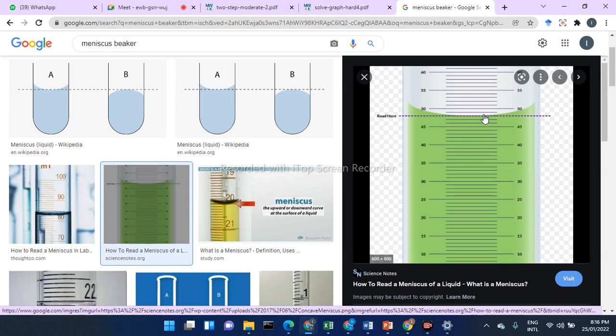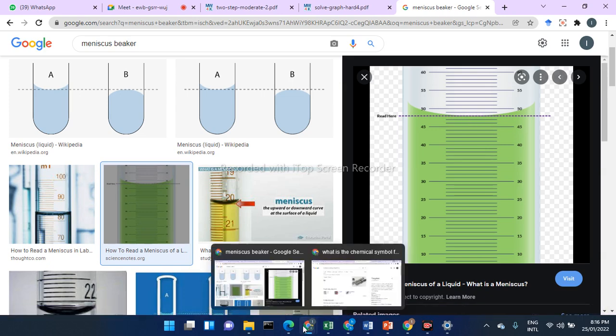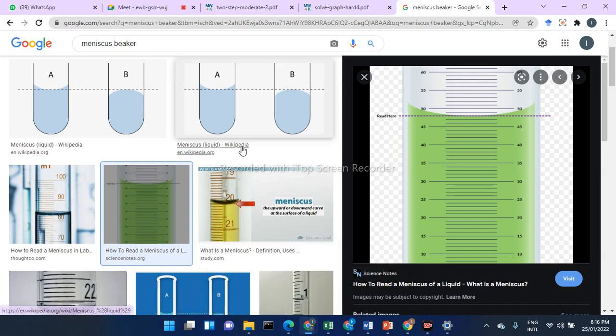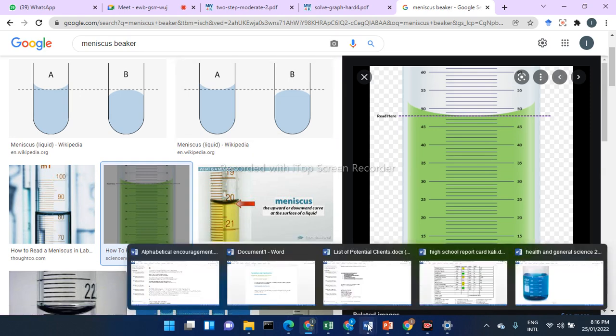Why 48? Because 48 is at the bottom of the meniscus. So you always read at the bottom of the meniscus when you're reading these things. That's a question that they like to put, how to read when you're measuring.